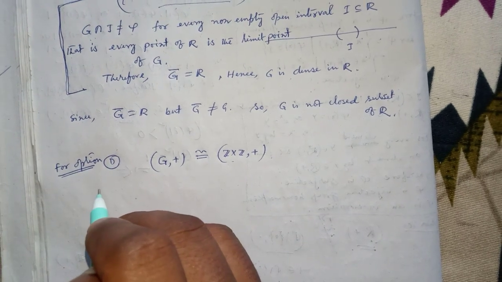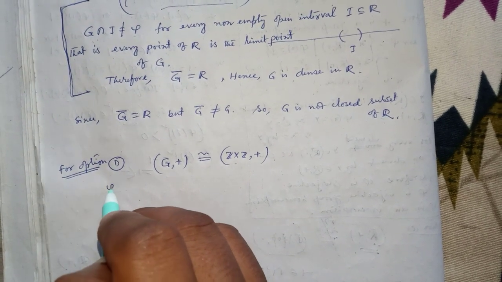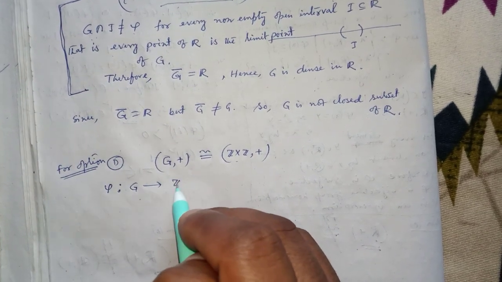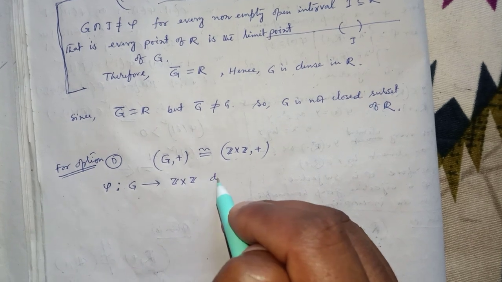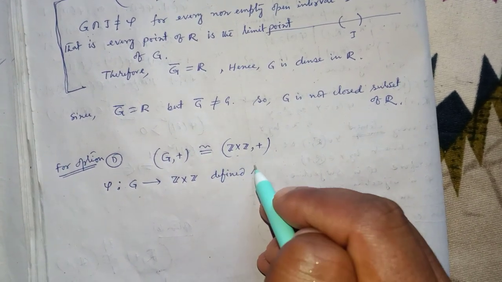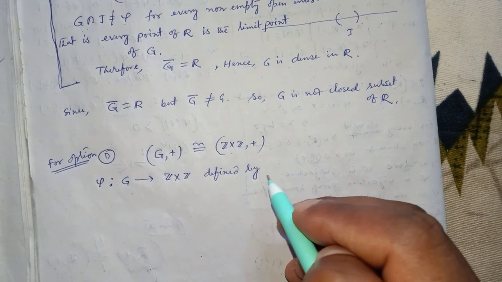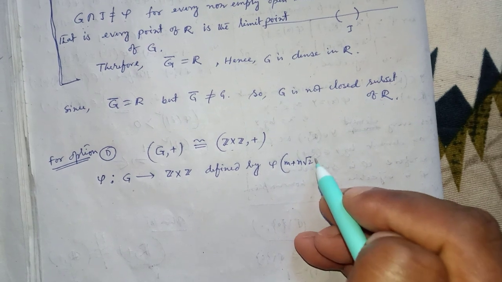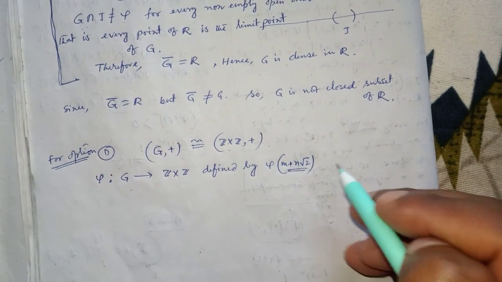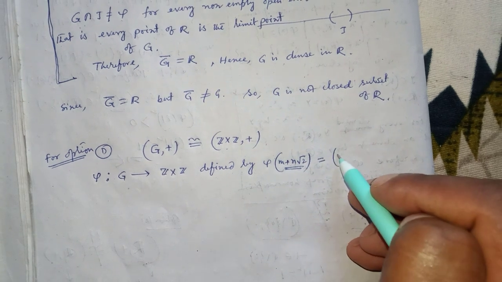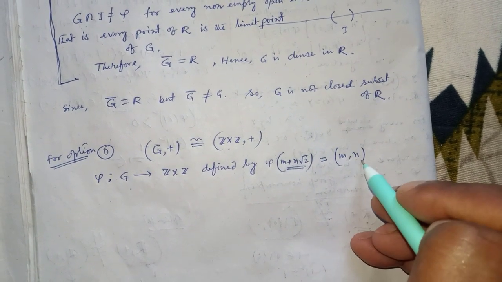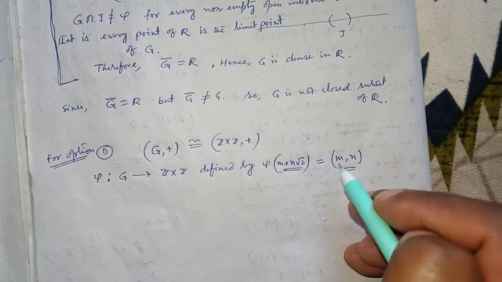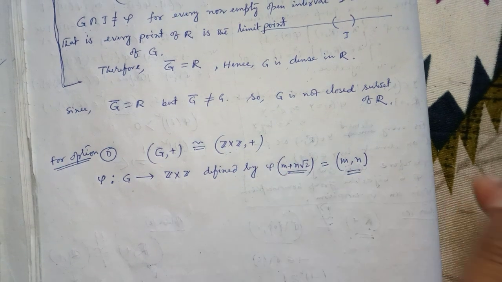Now we define a homomorphism phi from G to Z cross Z defined by phi of m plus n root 2, the elements of G, is equal to m comma n. This belongs to Z cross Z because m belongs to Z and n belongs to Z.